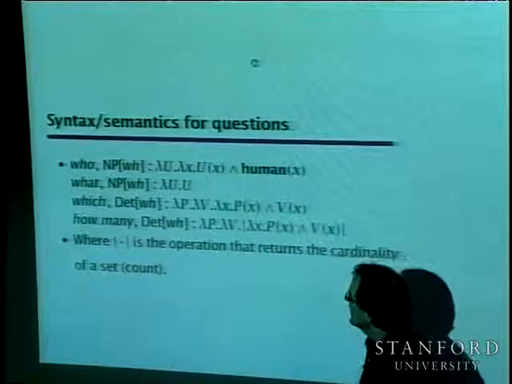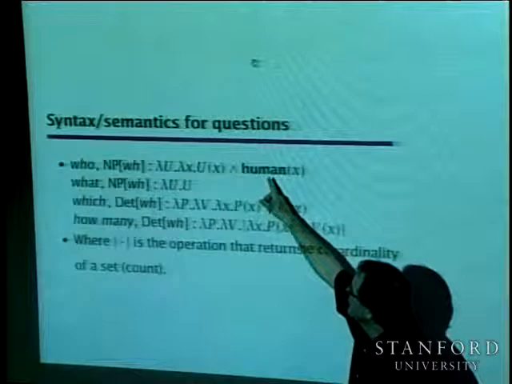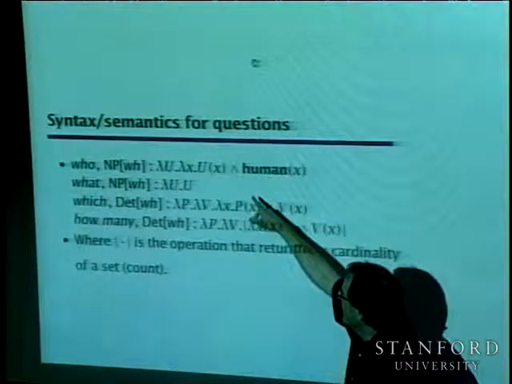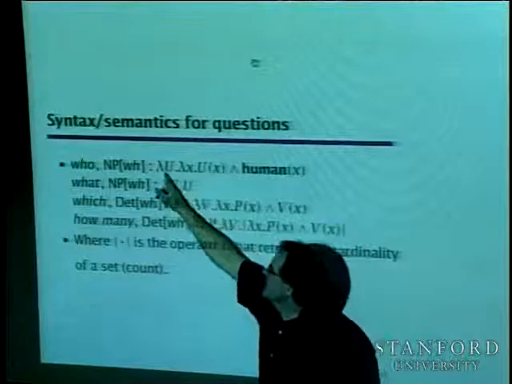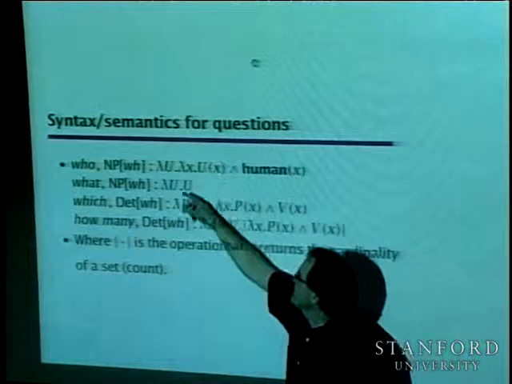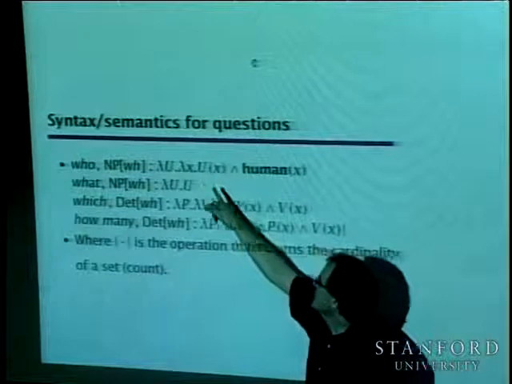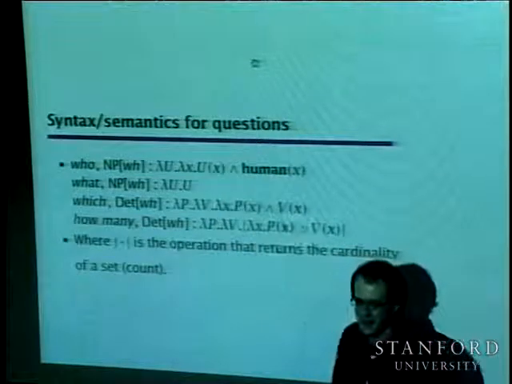But some of the other WH words do more interesting things. So for who is running, it takes the same property as an argument, but it makes a more complex property which says the argument property has to be true and the thing has to be human.